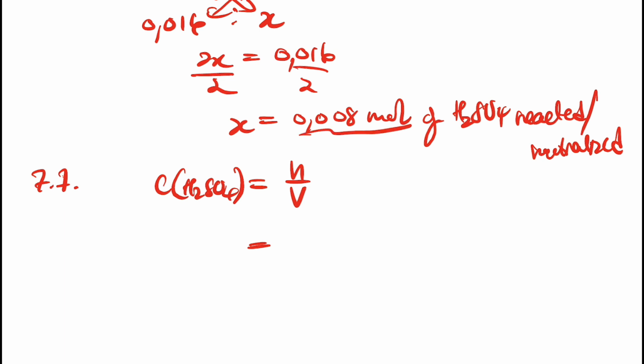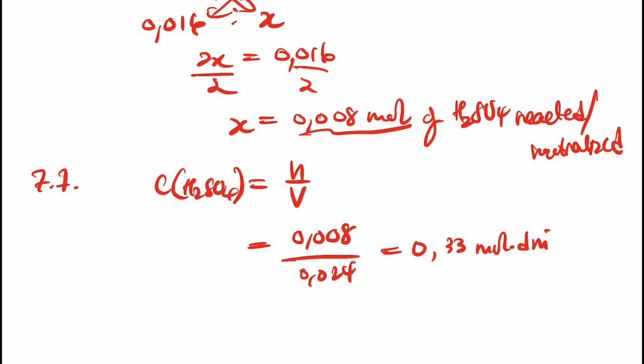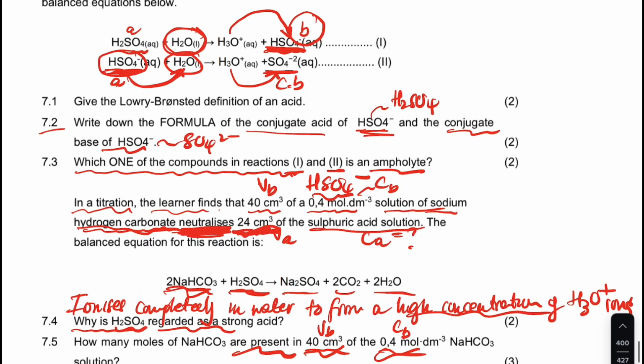Then you have the number of moles, it's 0.008. You would divide by the 24. It was in cm3. You have to divide it by 1000 to be in dm3. So you will say 0.008 divided by 0.024. Your answer here will be 0.33. So 0.33 what? Mole per dm3. That's the concentration of the sulfuric acid.